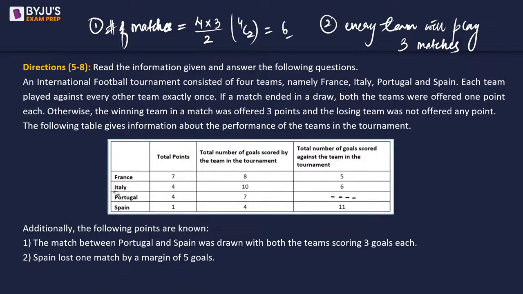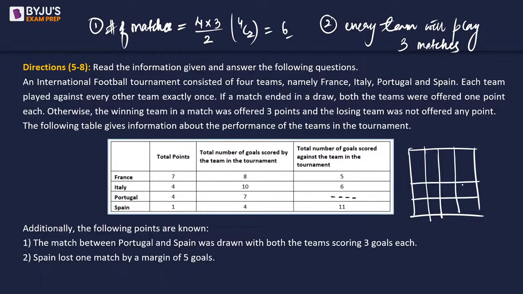एंड नाउ द थर्ड पार्ट कम्स इन, मतलब नेक्स्ट स्टेप क्या है, आप मैट्रिक्स ड्रॉ करते हो. राइट, सो यू विल बी ड्रॉइंग अ मैट्रिक्स विथ द नंबर ऑफ टीम्स के बराबर कॉलम्स एंड द नंबर ऑफ टीम्स के बराबर रोज. So we have France, Italy, Portugal, and Spain, France, Italy, Portugal, and Spain. Each cell represents the match played between the teams. So primary diagonal को cancel out कर दो because France will not play against France.